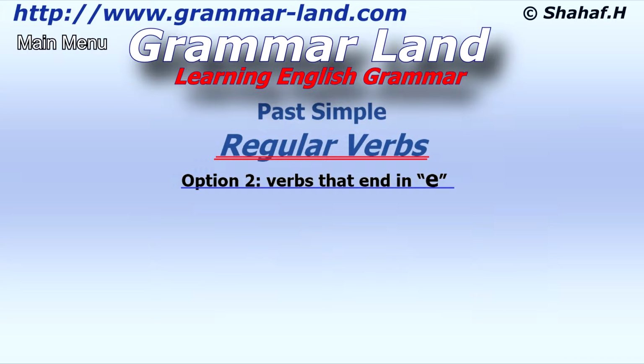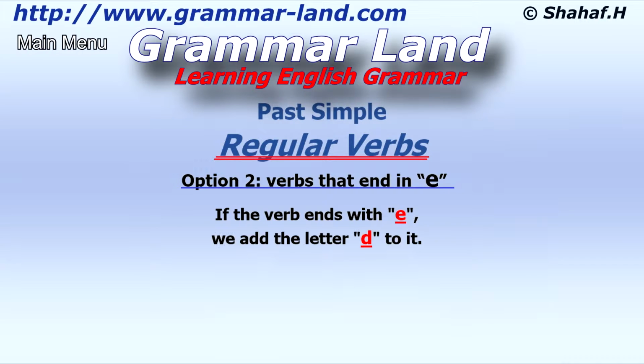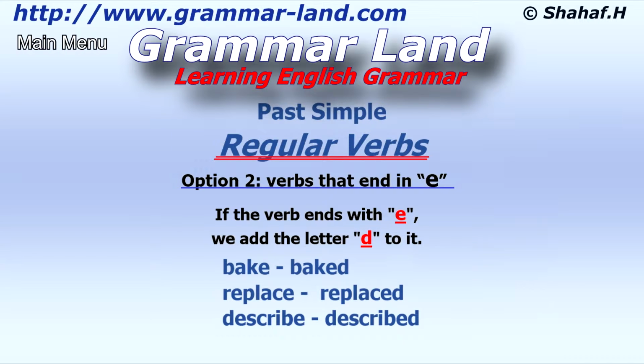Second option, verbs that end in e. If the verb ends with e, we simply add the letter d to it. Examples, bake, baked. Replace, replaced. Describe, described. These verbs end in e, and therefore, we add the letter d to them.